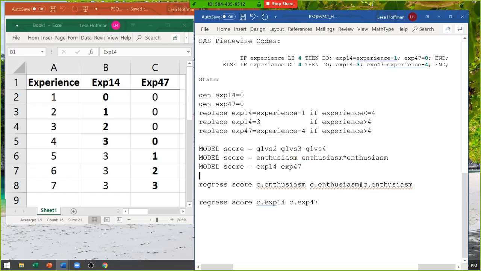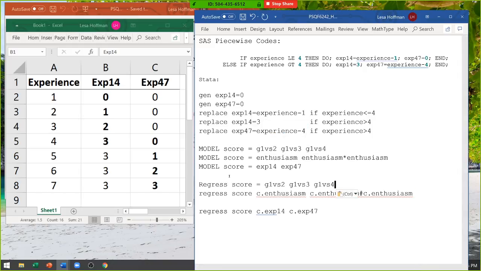The analog in Stata would be regress, lowercase regress, and then the 3 slopes that you made. Enthusiasm would be the second part, and then the 2 new slopes that you made for the piecewise effects of experience would be the third part.